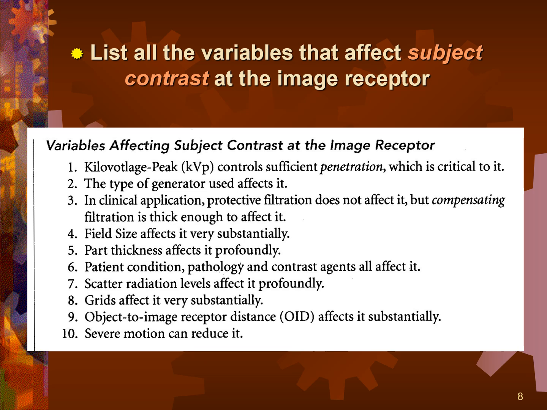Part thickness affects it because part thickness affects scatter generation. Pathology, contrast agents and patient condition affect it because they all affect scatter generation. So therefore, number 7, scatter radiation levels affect it profoundly. You do not get a true white color if you have excessive scatter.